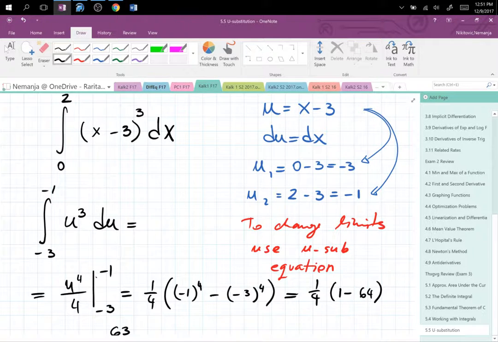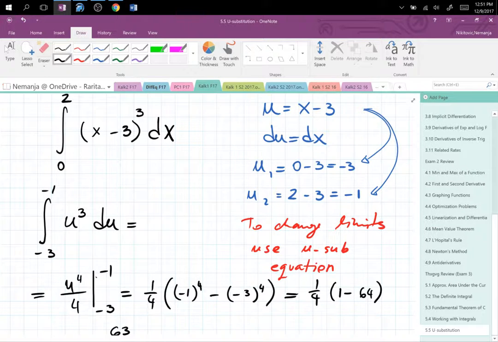The biggest issue that I have, especially when I teach u-substitution, is students will forget that it was a definite integral, because you know it's wrong to put x limits on the u integral. Some professors outright say in class, if you put x limits on the u-substituted integral, I'm going to mark it wrong.